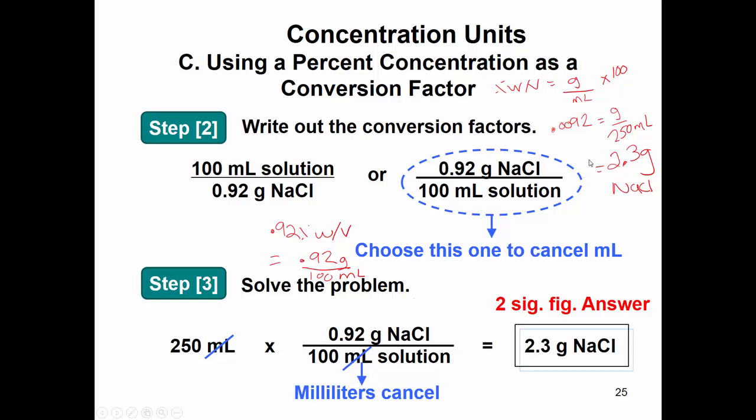Then I see that I'm looking for grams, and I have 250 milliliters. So in order to isolate grams by itself, I multiply 250 times 0.0092, and I get 2.3. So either way, you can plug in the percentage this way or look at it that way.